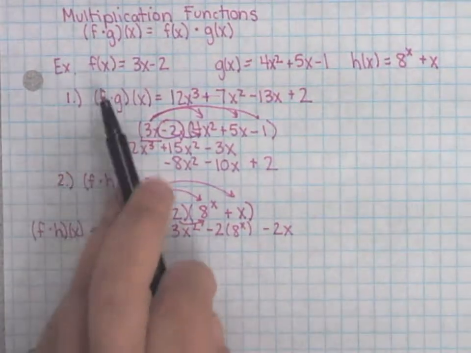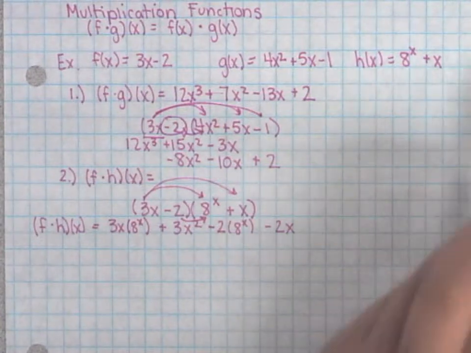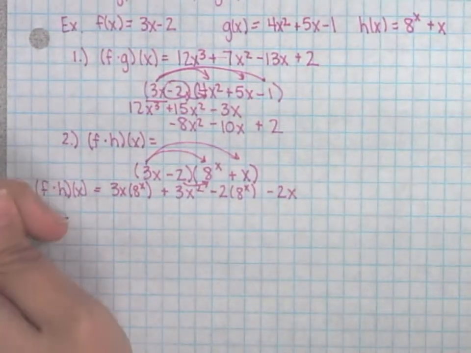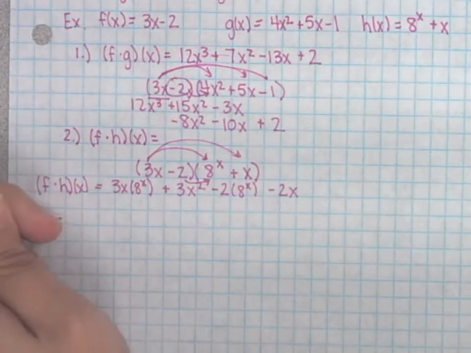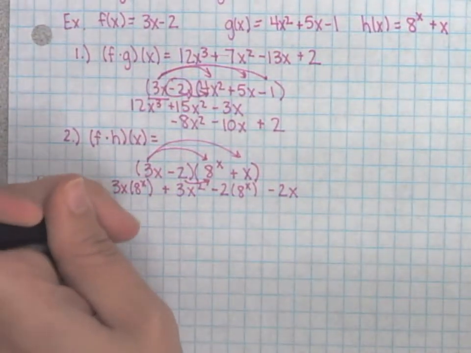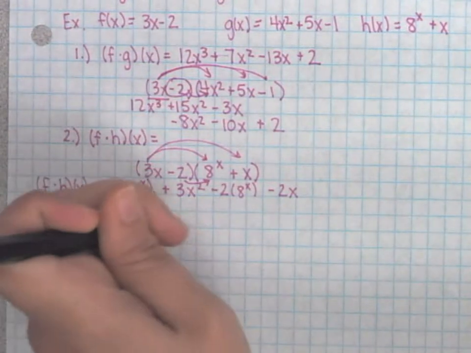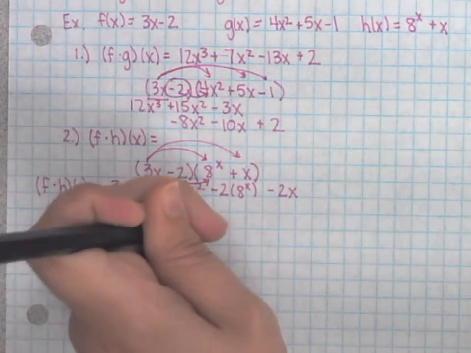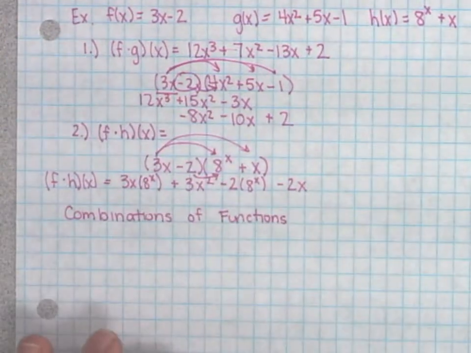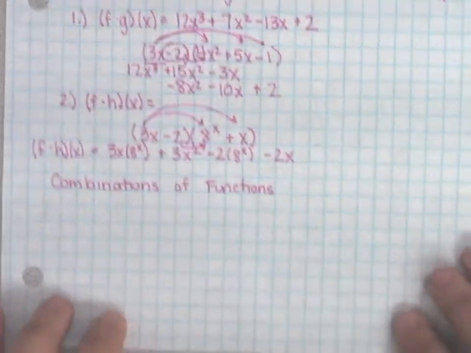The last thing is we're going to take these three equations, so we're really going to just forget about h because it's silly. But you have seen this before. Combinations of functions. It was in chapter 4 briefly. We just only used numbers.